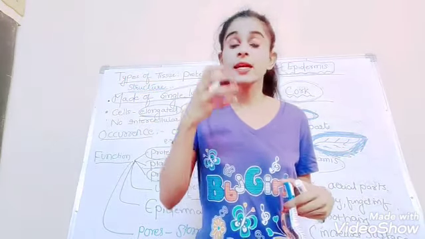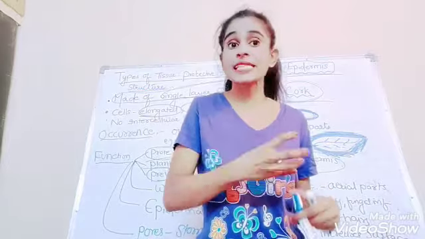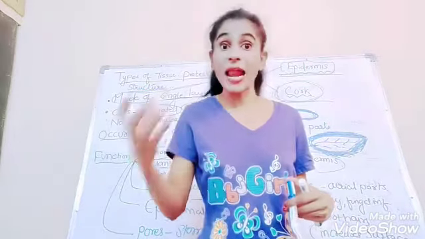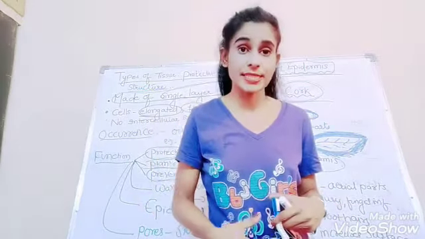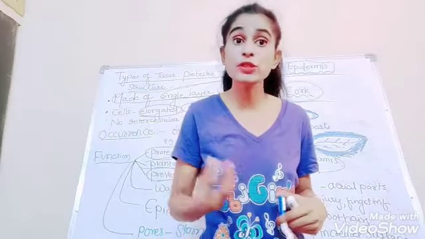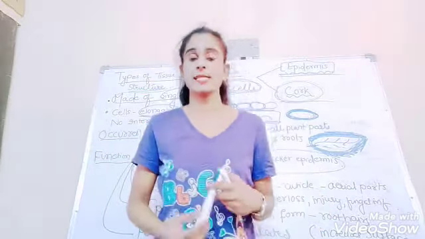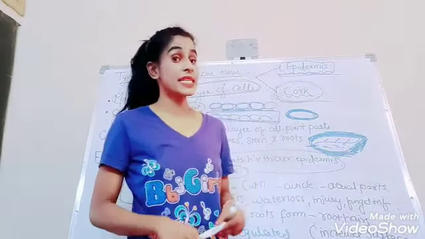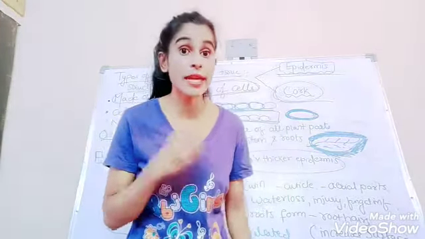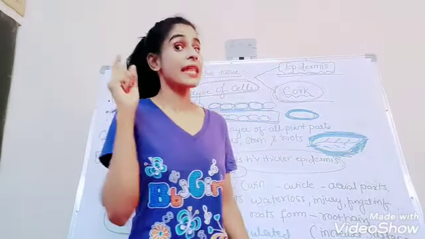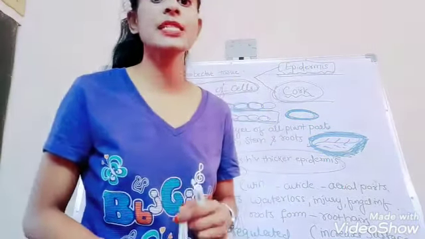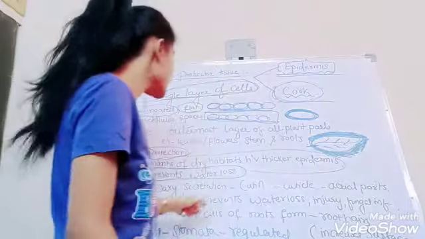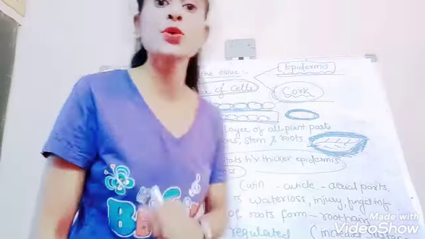Mostly in desert plants and plants growing in dry habitats, they secrete and produce waxy substances. What do the desert plants secrete? A very greasy, oily, waxy substance, and that waxy substance is called, what is it called? It is called cutin.